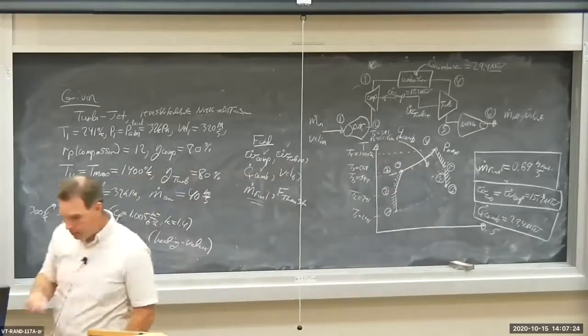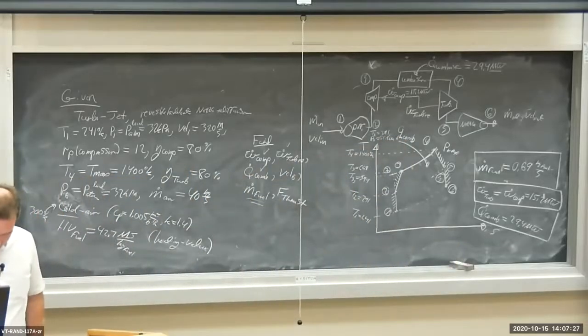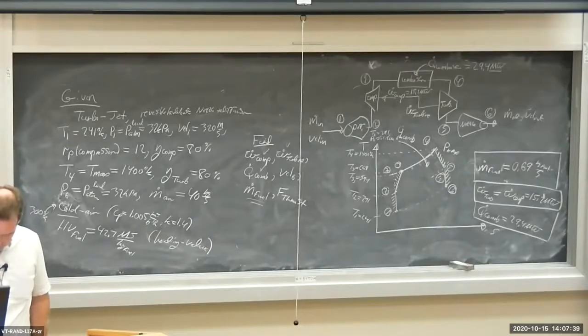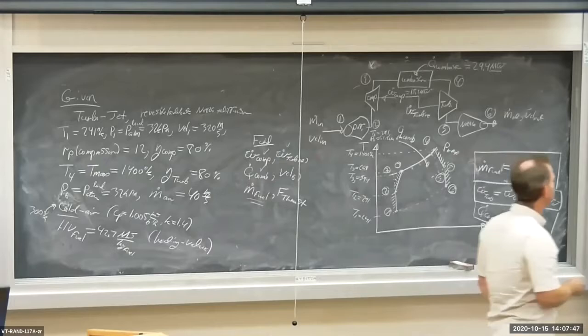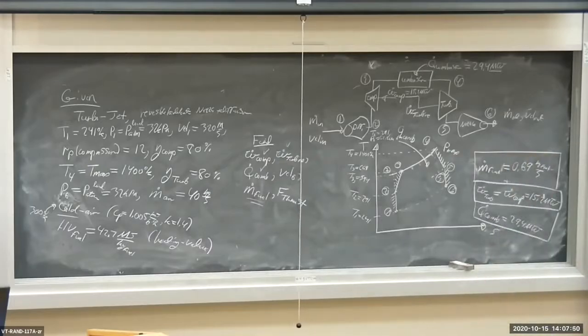Let's see, so I apply the energy balance to the turbine, and do I have a T5? Yes, I have a T5 and it is 1,022 degrees Kelvin, and that's from the energy balance, process 4 to 5, okay?